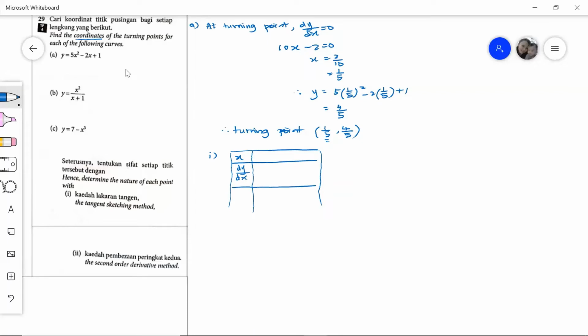Then we sketch the tangents. Finally, we combine the different tangents to sketch the graph. So let's do this part.